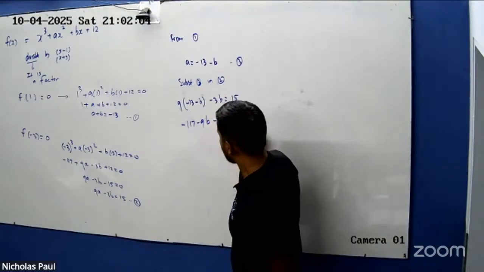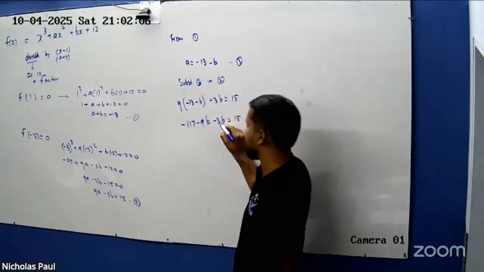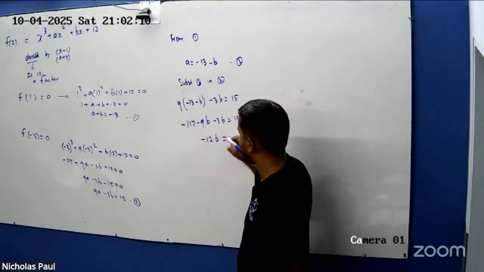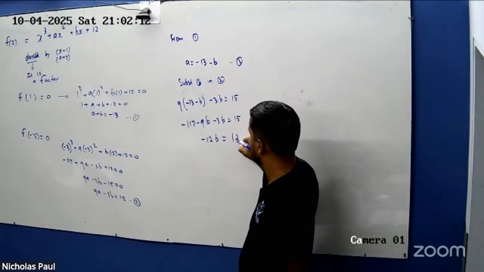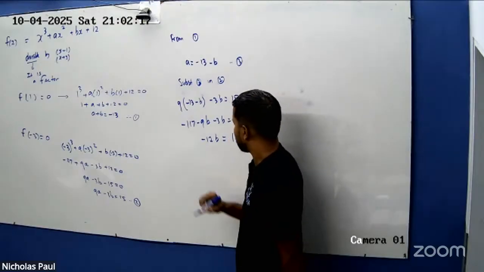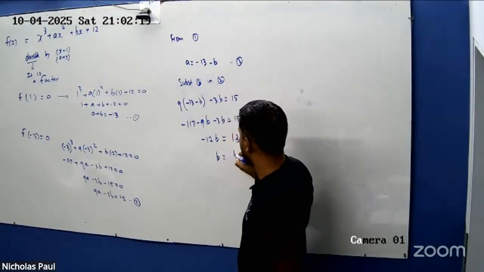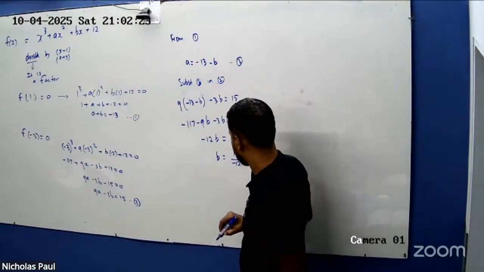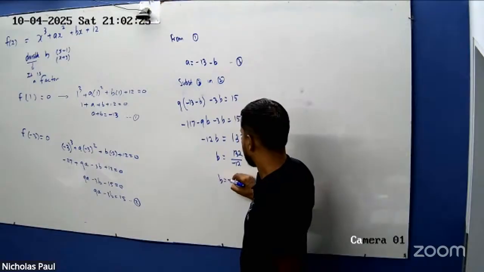I'm moving across the numbers on this side. -9 minus 3 is -12. 15 plus 117 is 132. So now B is equal to 132 divided by -12, which is -11.